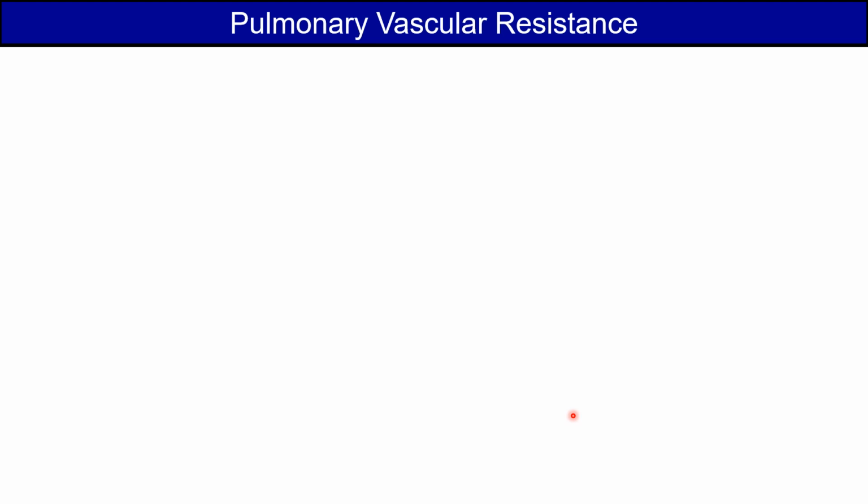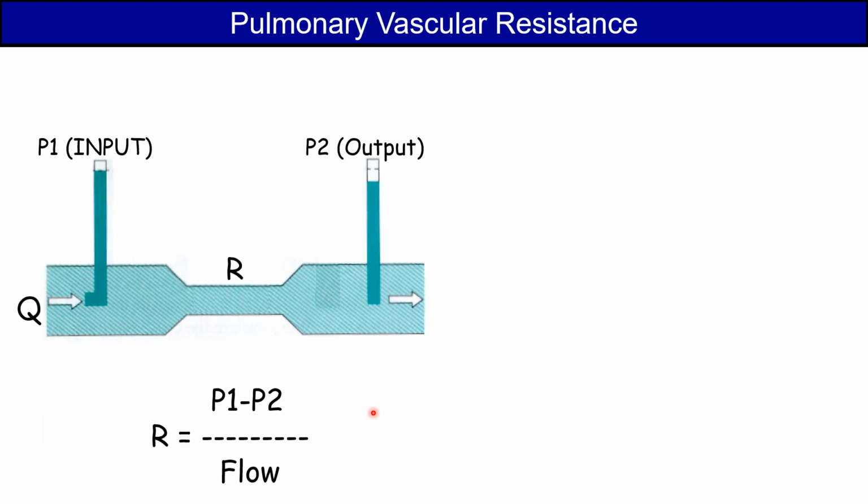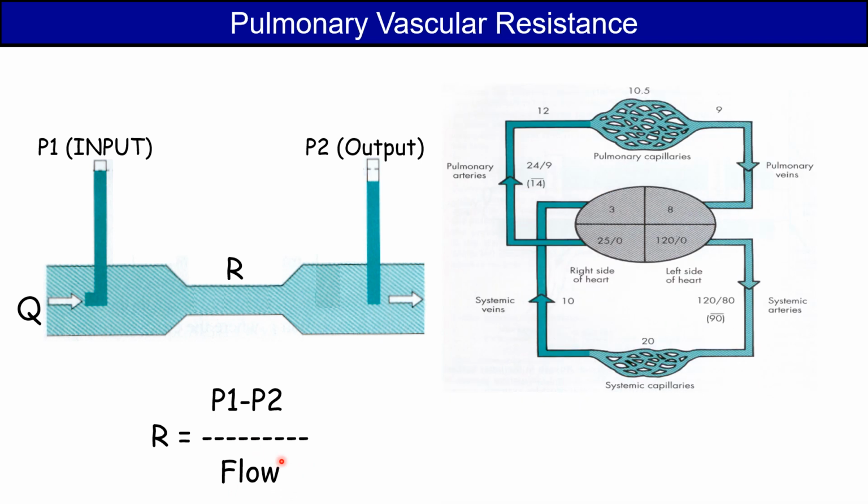Let us now discuss the pulmonary vascular resistance. If you want to compute the pulmonary vascular resistance, you can compute it based on Ohm's law, wherein resistance is equal to the driving pressure over the blood flow. Here is a cartoon showing the different pressures in the pulmonary circulation and in the venous circulation. This is the right ventricle giving rise to the pulmonary artery, pulmonary capillary, and pulmonary vein draining into the left atrium.